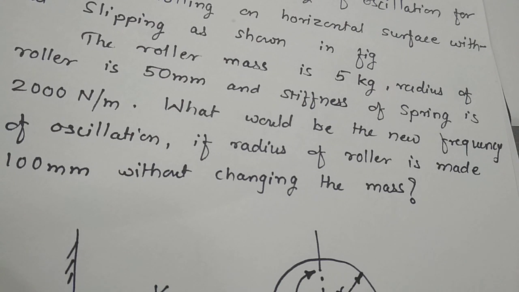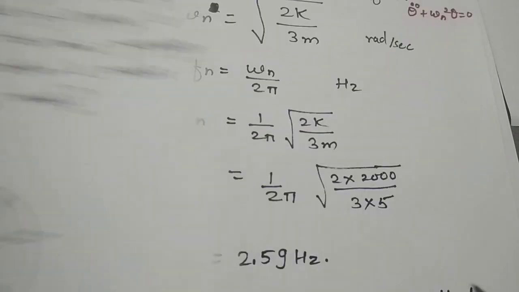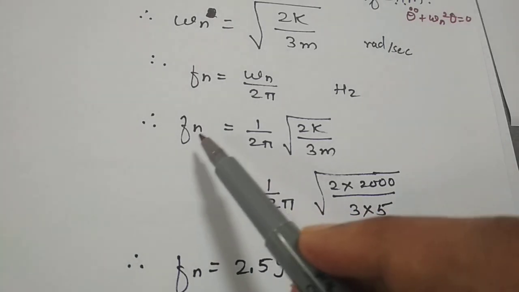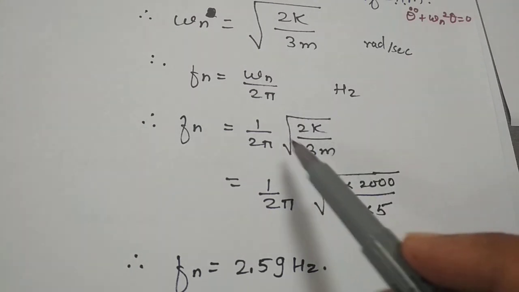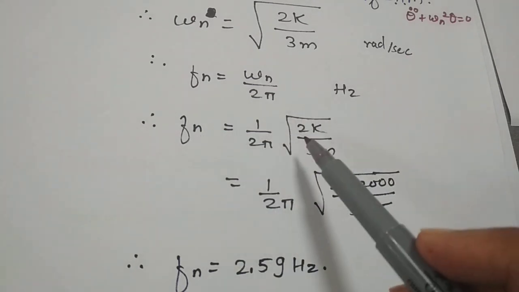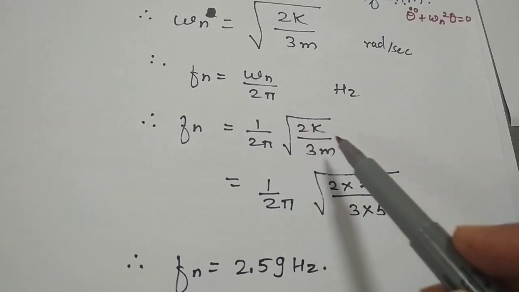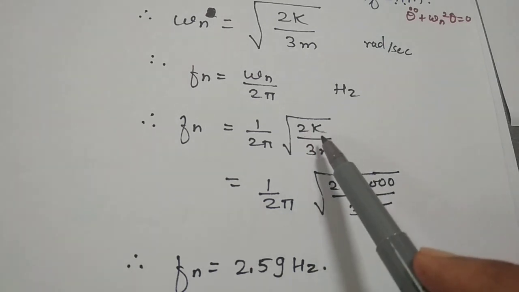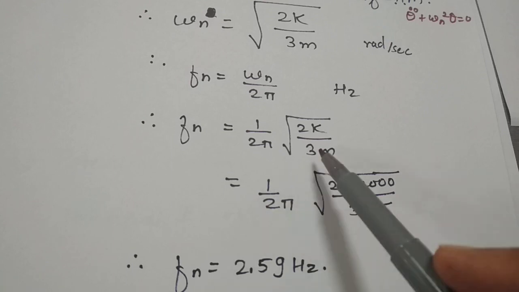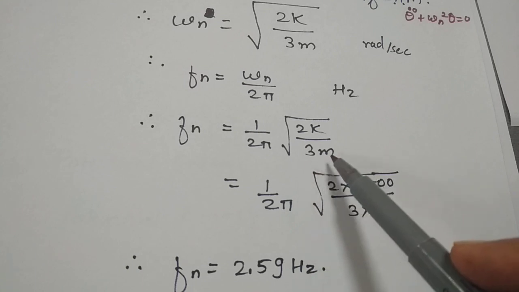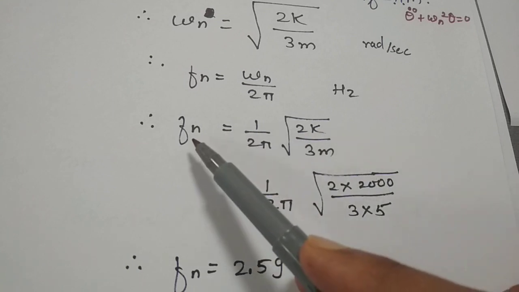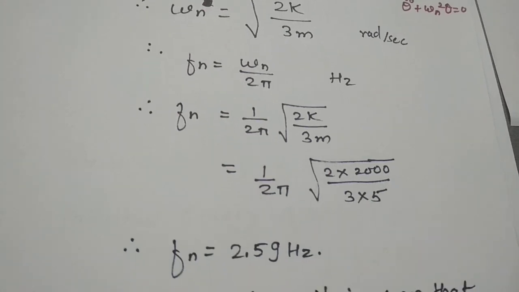Now the second question was asked like this: what would be the new frequency of oscillation if the radius of roller is made 100 mm without changing the mass? Now we can see here there is no term for radius, means the natural frequency is completely independent of radius. It depends on K and M. Hence, if you are changing the radius by keeping the same mass, the natural frequency will remain constant.